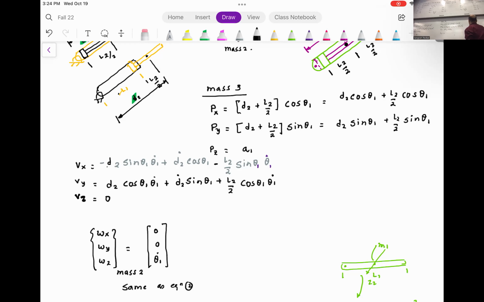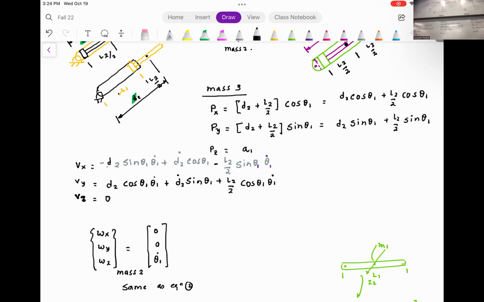So kinetic energy of translation for 3 is going to be 1/2 m3 px3 square plus 1/2 m3 py3 square plus 1/2 m3 pz3 square, and kinetic energy of rotation is equal to 0 because all I's are 0, and T3 is going to be kinetic energy of translation of 3 plus kinetic energy of rotation of 3. V3 is equal to 0.